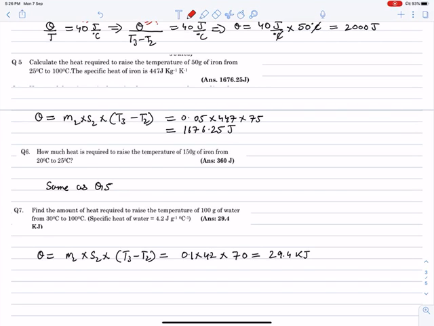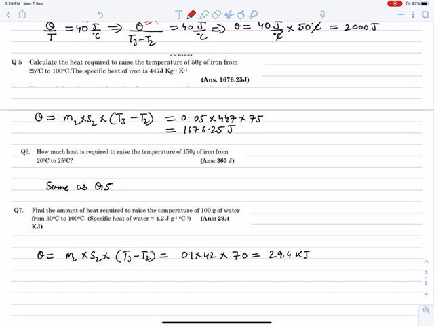Now question number 7. It is asking to find the amount of heat required to raise the temperature of 100 gram of water from 30 degrees Celsius to 100 degrees Celsius. So Q is equal to M2 into S2 into T3 minus T2. M2 is 0.1, S2 is 4.2.